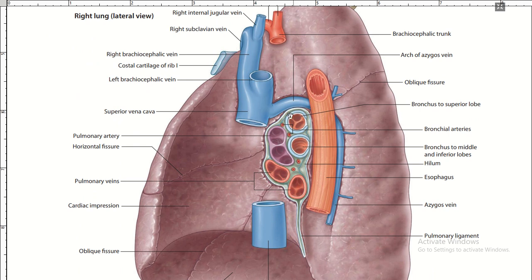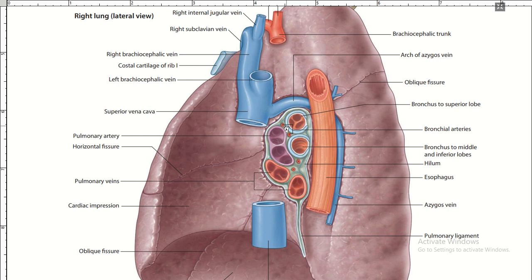So you can actually see here, what are the structures that will be found on the hilum of the lung? Your bronchi. This is your bronchus, and this is another bronchus. This is a superior bronchus going to your superior lobe, and this one is your bronchus that will divide within the lung to the one going to the mid and the one going to the inferior.